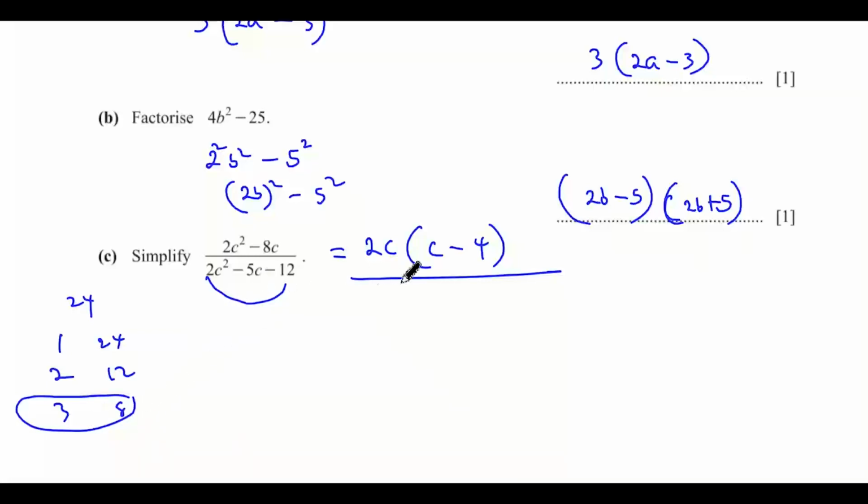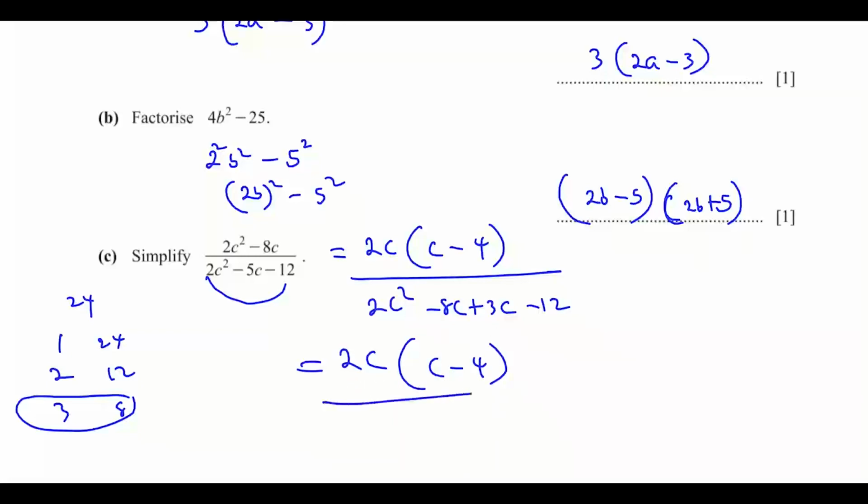So I can write this as 2c squared, then it will be minus 8c plus 3c, so that will give us negative 5c, then minus 12. So this will be equal to 2c into c minus 4, then over.